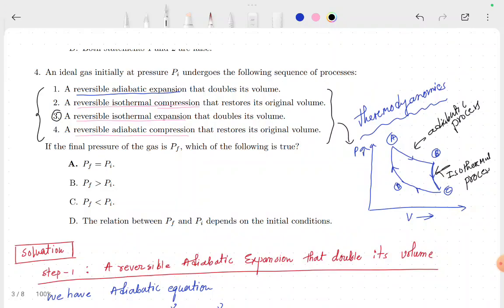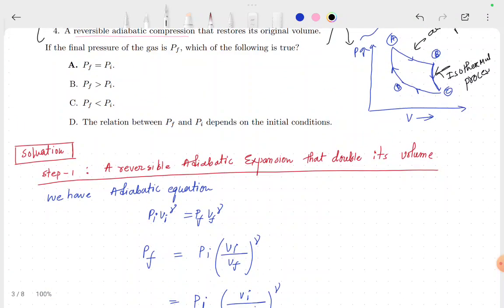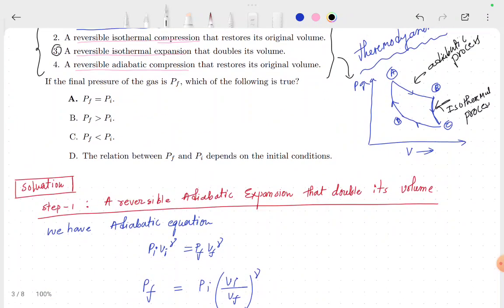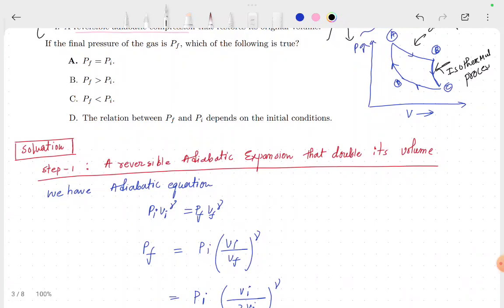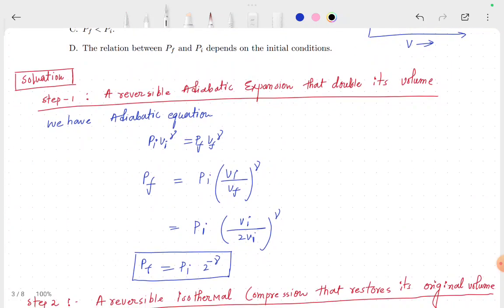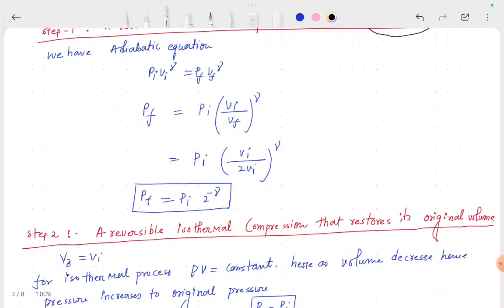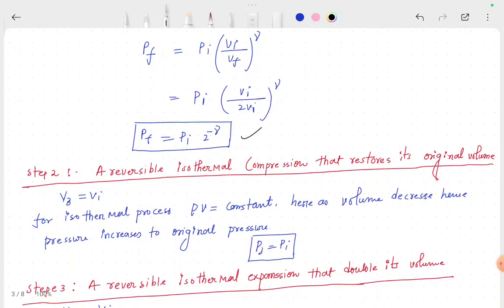So for an exact solution, this question does not follow the Carnot engine. We follow the basic mathematics of thermodynamics. Step 1: a reversible adiabatic expansion that doubles its volume. We use the adiabatic equation and find the final pressure for the first process.